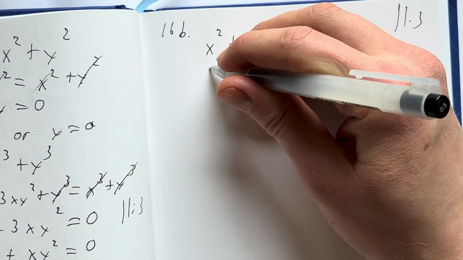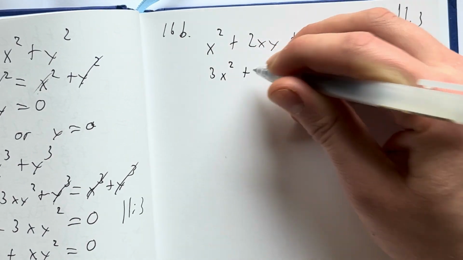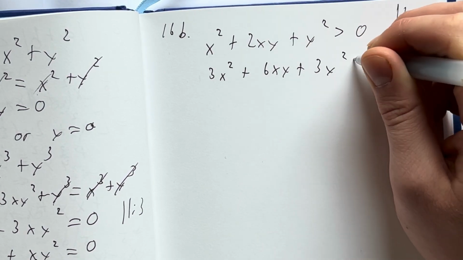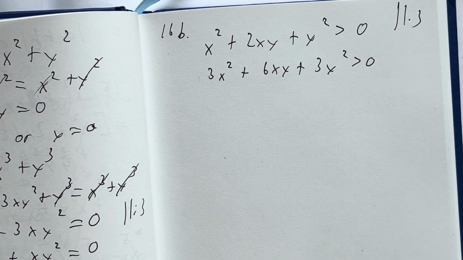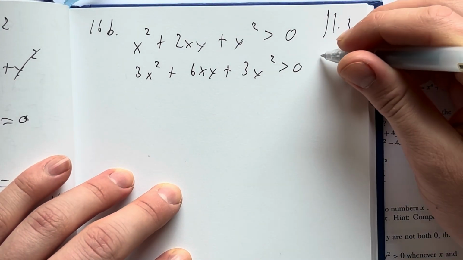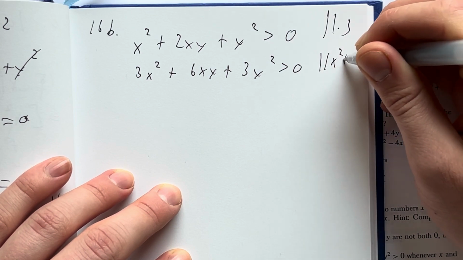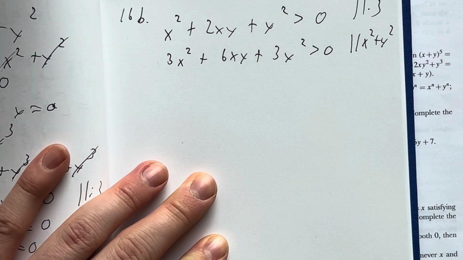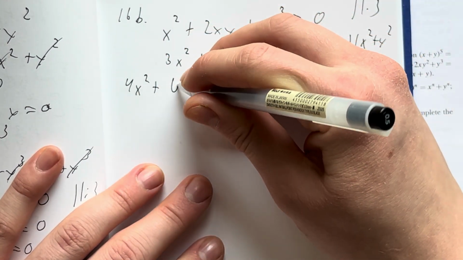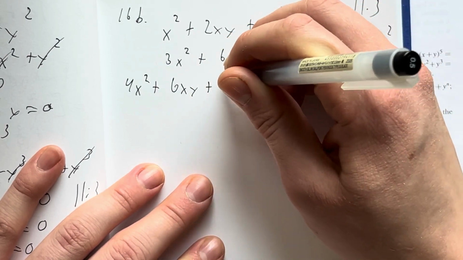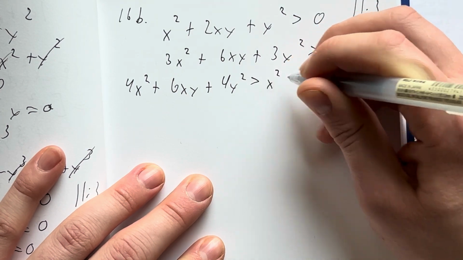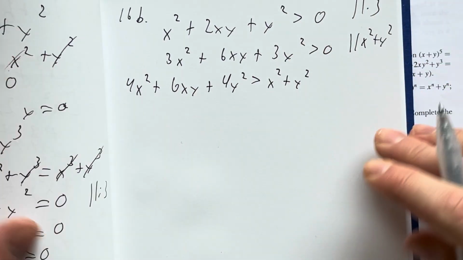We get that 3x^2 + 6xy + 3y^2 is greater than 0. And then let's just add x^2 + y^2. So we get that 4x^2 + 6xy + 4y^2 is greater than x^2 + y^2.